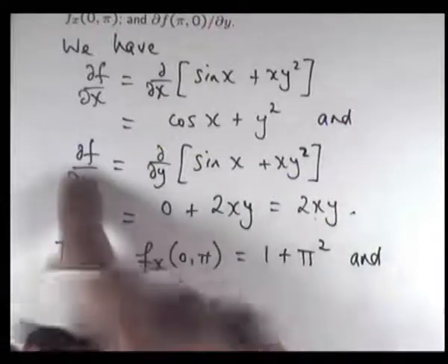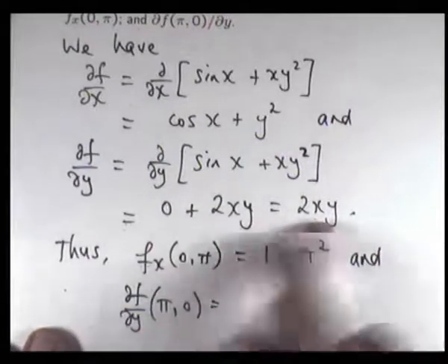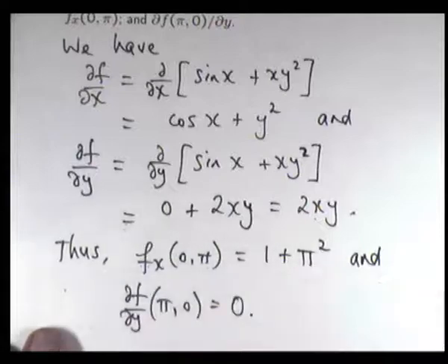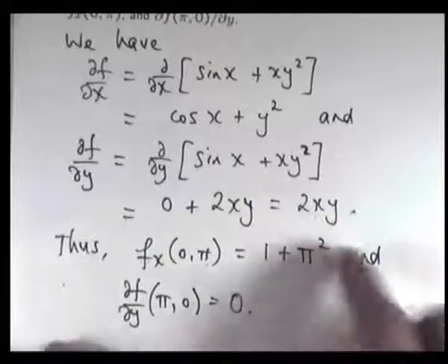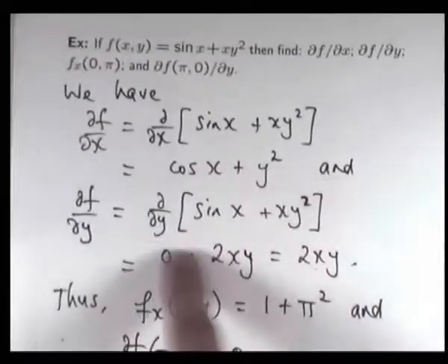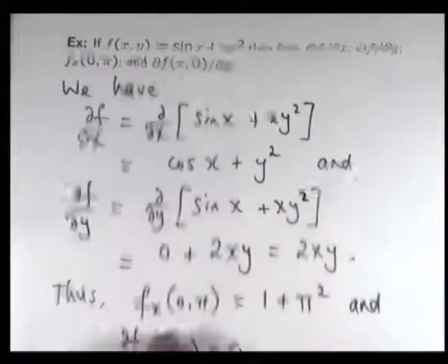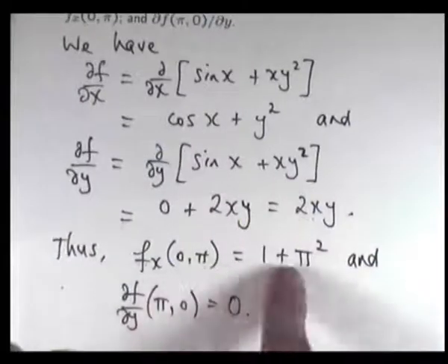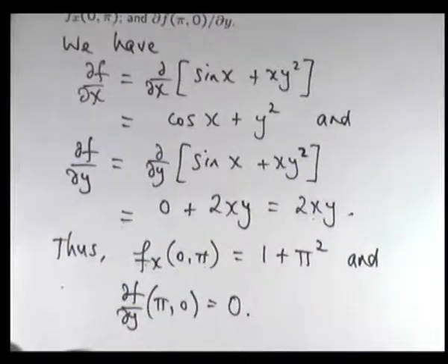And now we go up to here and substitute in x equals pi, y equals 0. That's going to give us 0. Okay, so notice up here we've got functions for our general derivatives, and then at certain points we get just numbers for our answer.